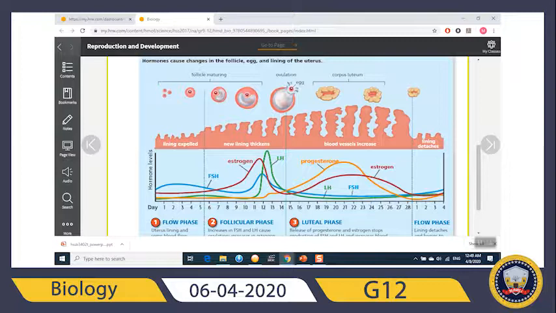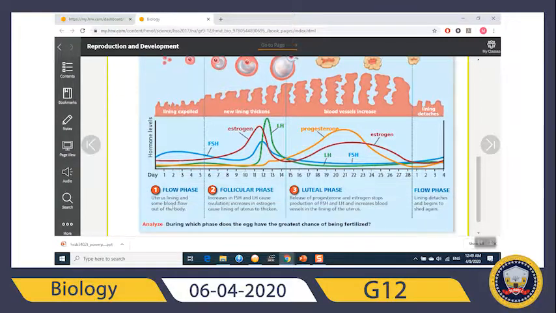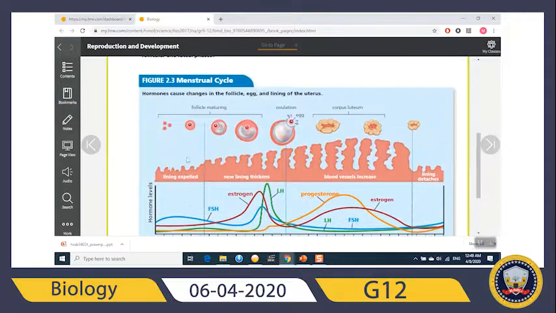Now in the flow phase, as we explained, the uterus lining and some blood flow. It's basically the endometrium shedding, and we have discharge of blood, mucus, and some tissue.